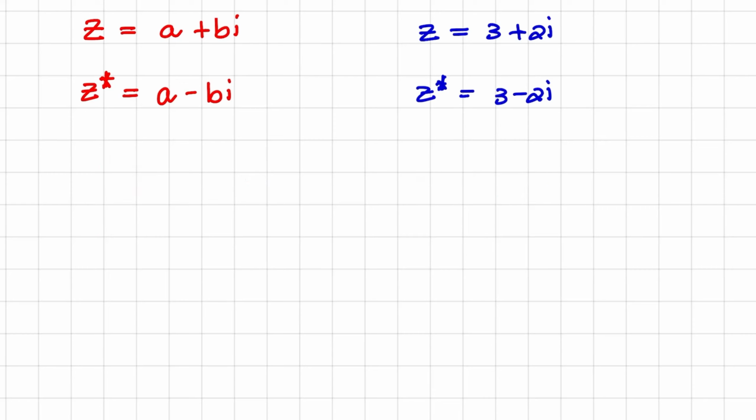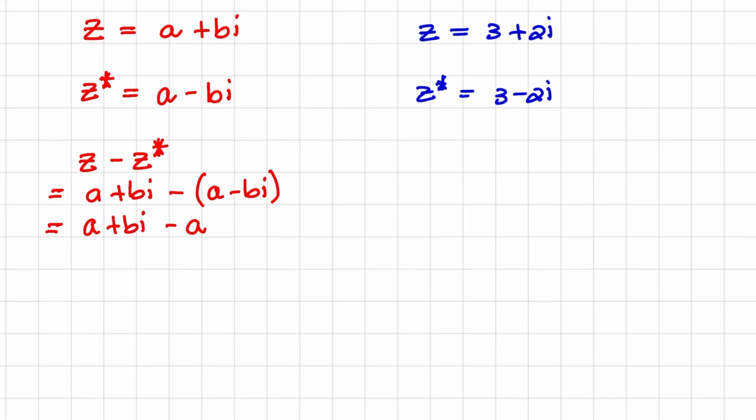In our second example, let us say we have a complex number, and we want to subtract its conjugate from it. So that will lead to a plus bi minus, and then in parentheses, a minus bi. And when I simplify, that will be a plus bi minus a plus bi, which is equal to 2bi.